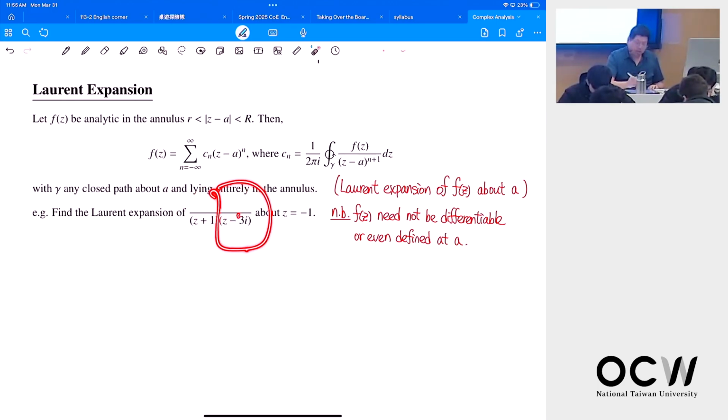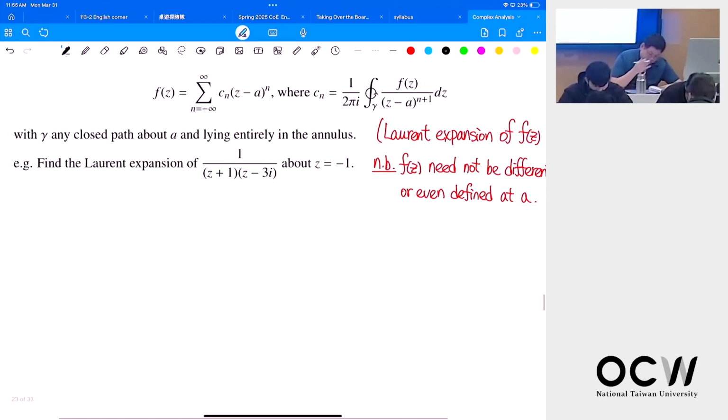We will express this as a Taylor series expansion. So first, let's split this function, 1 over Z plus 1 times Z minus 3I, into two parts.